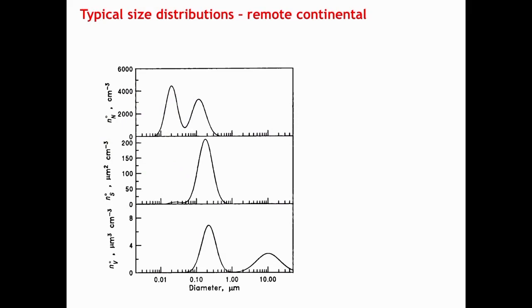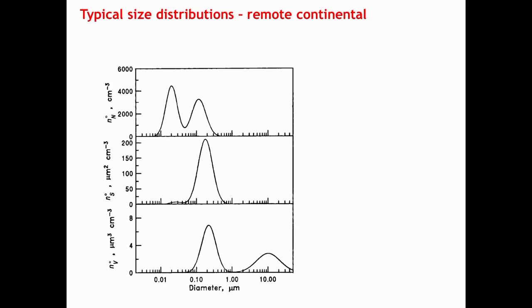So here are some examples of size distributions in number, surface area and volume space. These are the same size distributions. If you look at the top panel, you can see that the left-hand distribution has the most number.